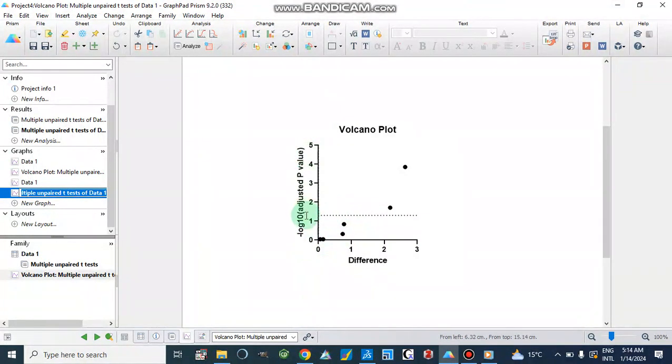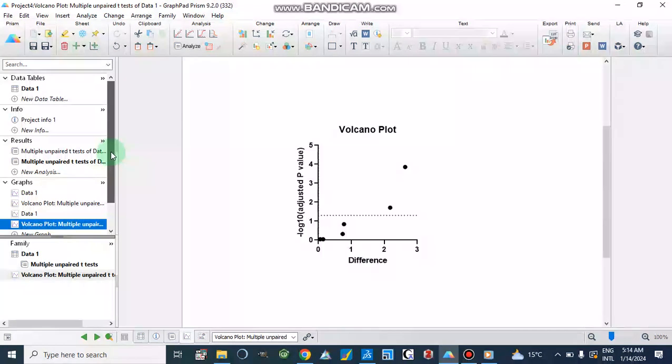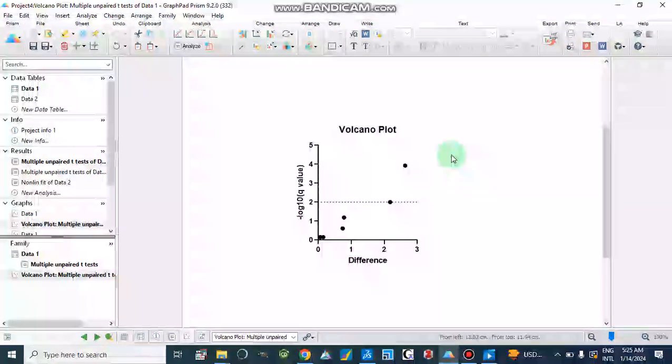So the adjusted p-value is taken as minus log of 10. That's why it is in positive. These are the positive values, and here it represents the difference between the control and the treated one. Okay. So in this way we can make our results for t-value.